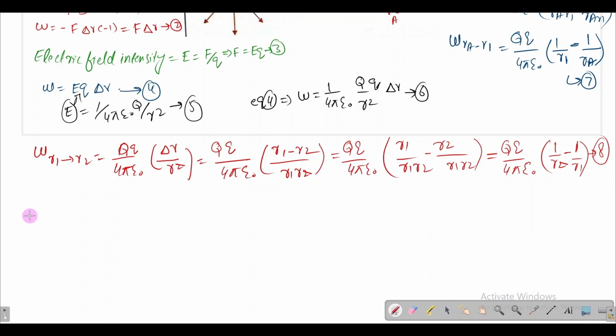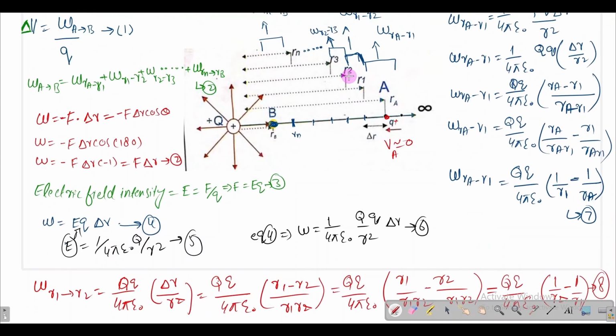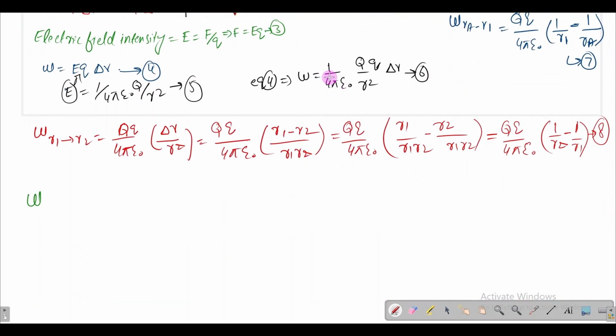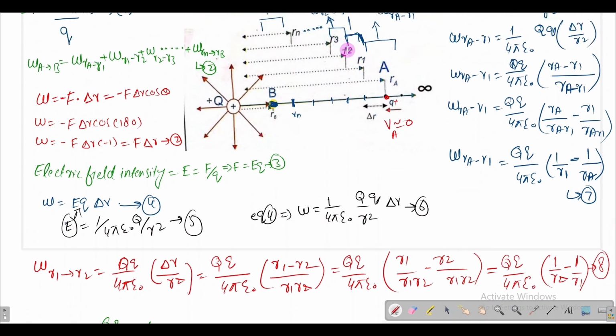The work done now from R2 to R3. So this general expression for the work done from R2 to R3 is equal to Q by 4 pi epsilon naught, and instead of del R, now I will write R2 minus R3.